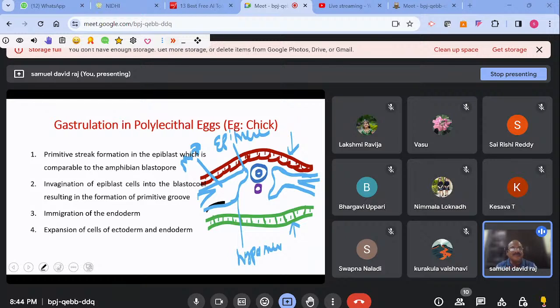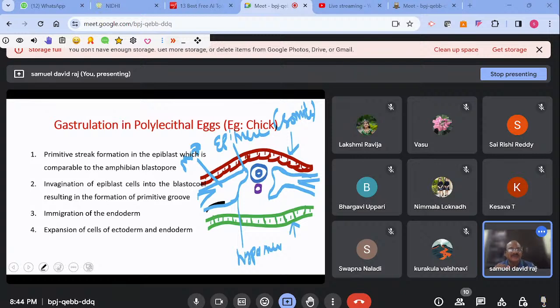And epimere is also called somite mesoderm, because it gives rise to the segmentation of the body, that is somites. Okay, and different parts of the body develop from all these layers.